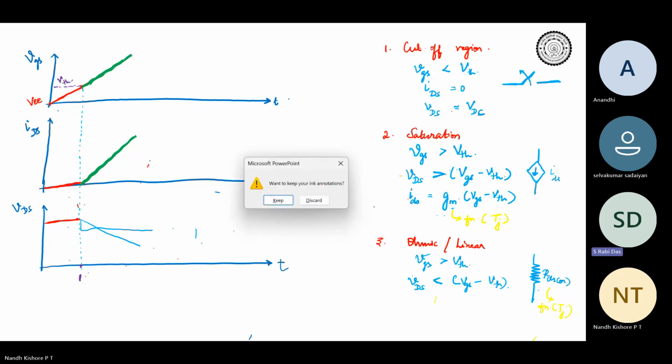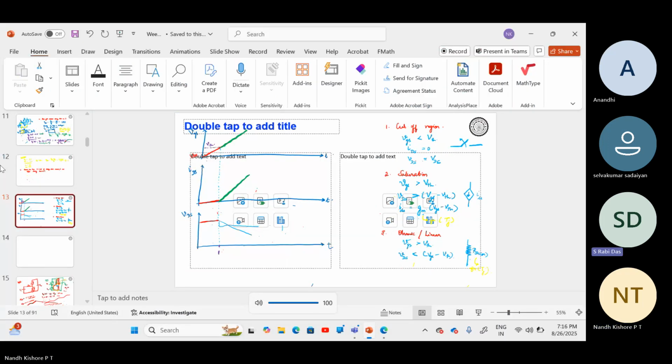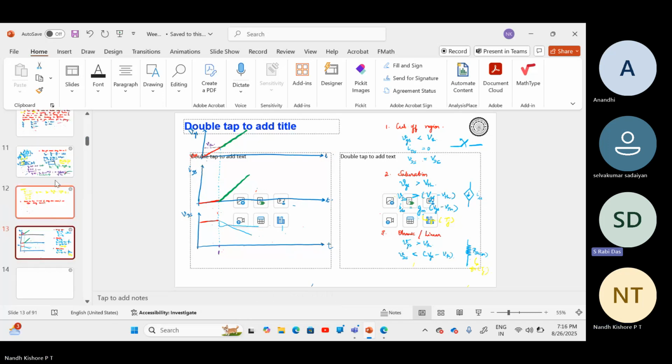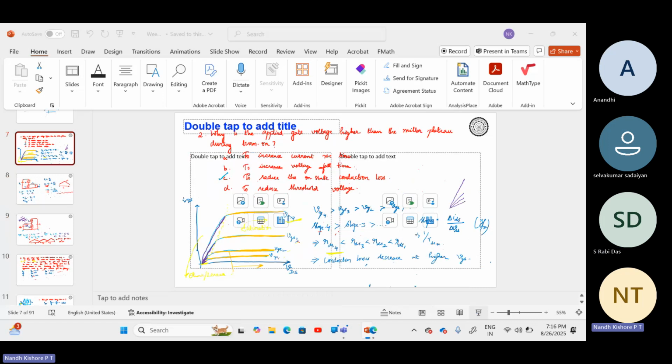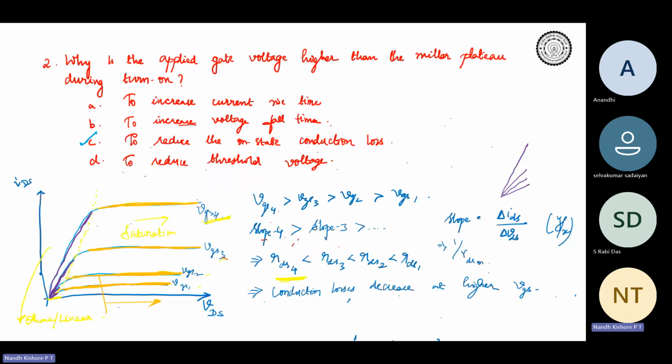Because when the MOSFET enters saturation, based on its RDS on values, this VDS will... No, you forget about RDS on value. It's in saturation, so there is nothing to do with RDS on. If you are in this region, what is the slope over here? The slope is zero.